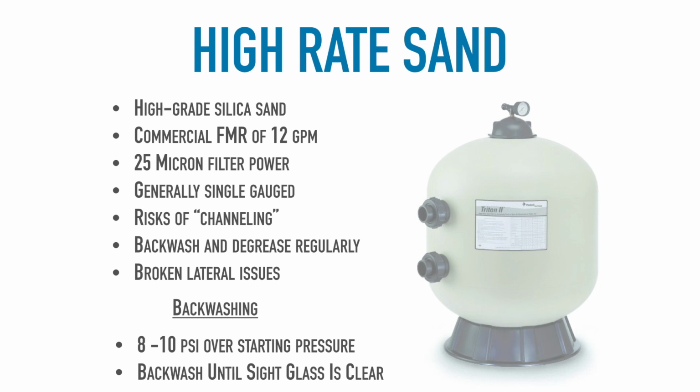So effectively, if I have a 25 micron sand filter and I use the C-Clear PRS, I have taken my 25 micron filter and actually enhanced it down to a 0.5 micron filter. That's right, C-Clear PRS is guaranteed to flocculate down to a 0.5 micron level.